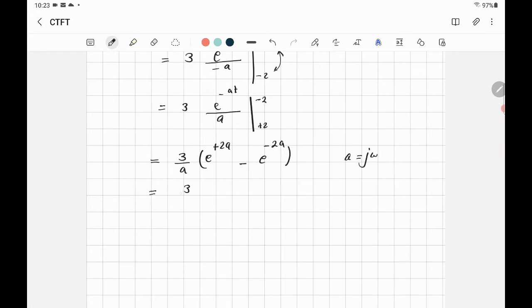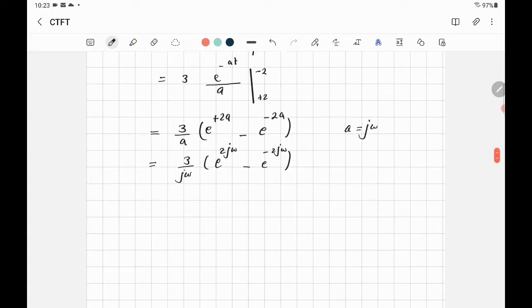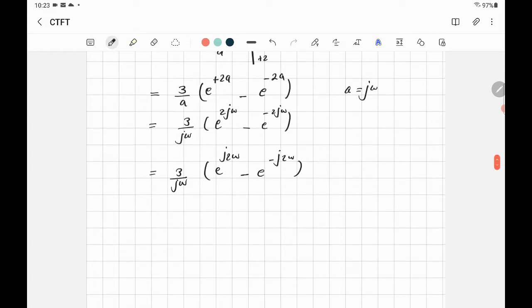So it would be 3 over j omega, e to the power of 2j omega minus e to the power of -2j omega. So it's equal to 3 over j omega, and e to the power of j 2 omega minus e to the power of minus j 2 omega. That's the answer, but we still can reduce this expression.